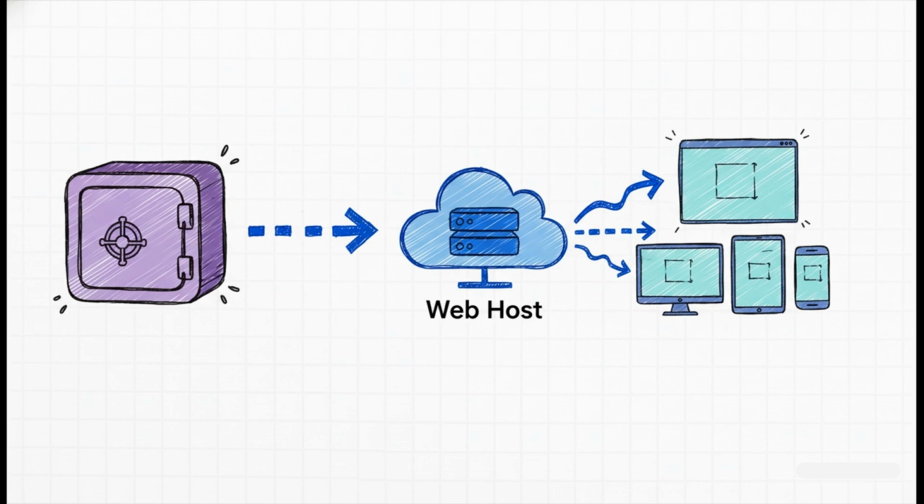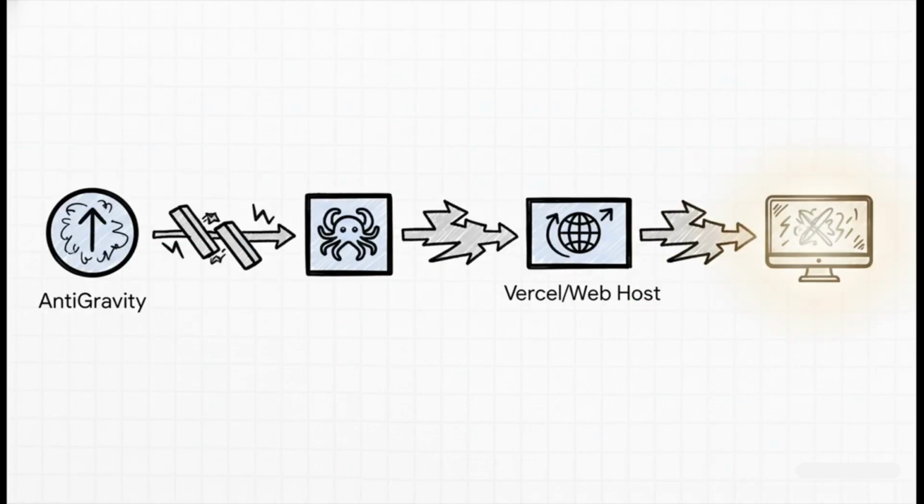So the second that new code from AntiGravity hits GitHub, your host grabs it and immediately updates your live website. And just like that, it's done. It's a chain reaction that happens in seconds. AntiGravity tells GitHub, GitHub tells Vercel, and poof, your idea is no longer just an idea. It's a real, live application that people can visit and use instantly.